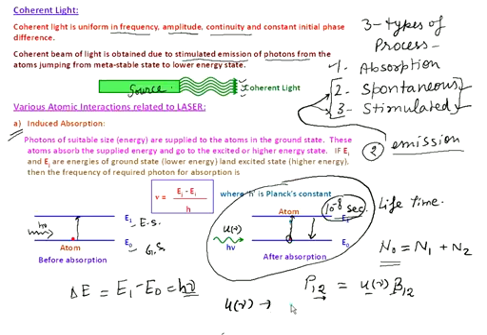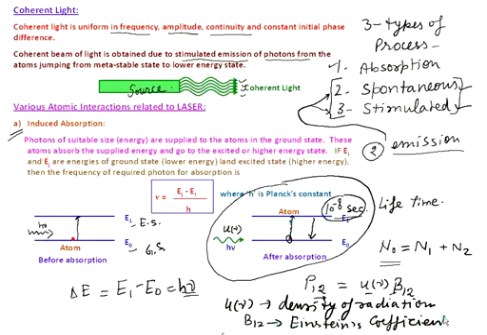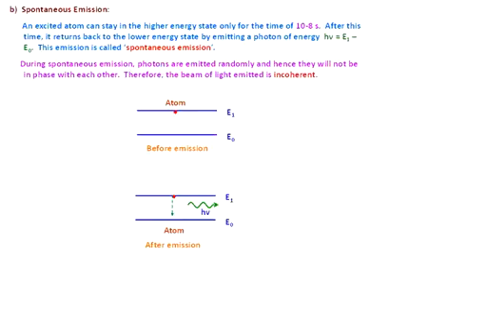These Einstein coefficients provide information about the material in terms of the lifetime and decay width of the energy level. The second case is spontaneous emission.